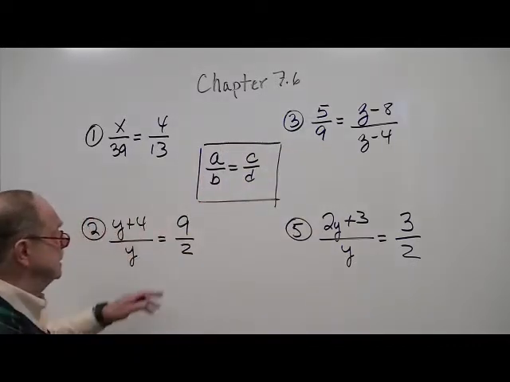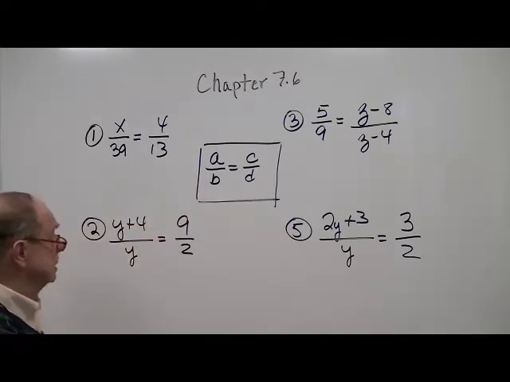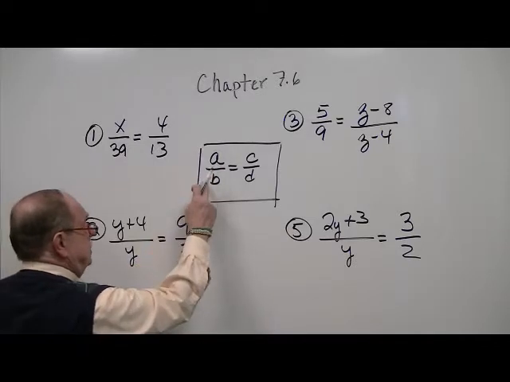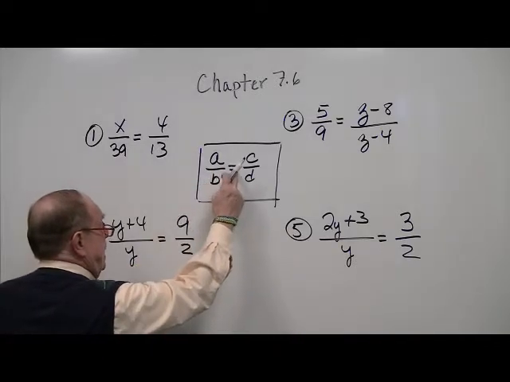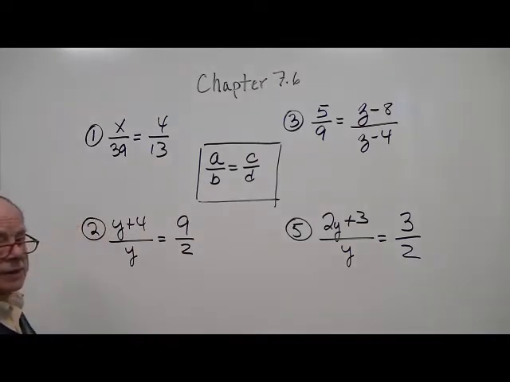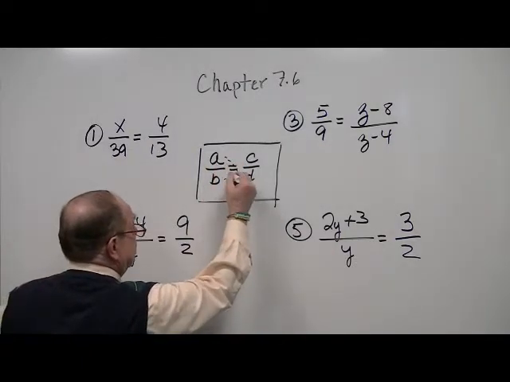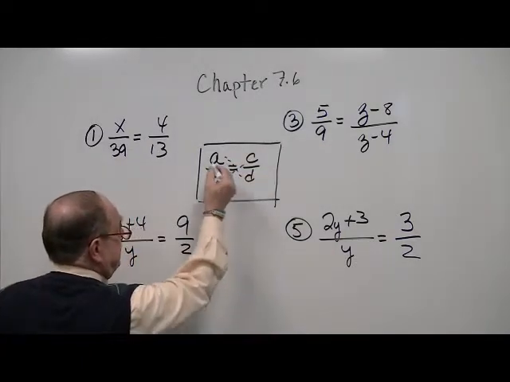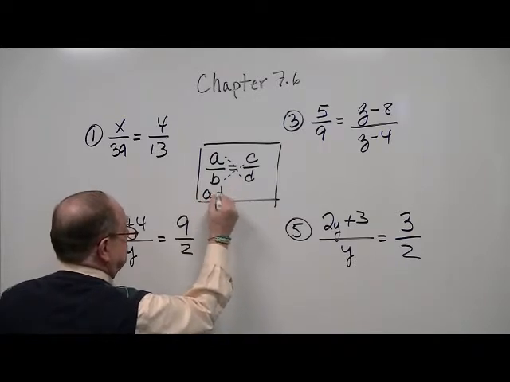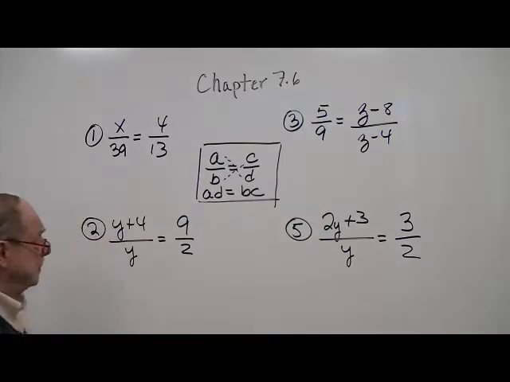And this is the general setup for a proportion, that A is to B as C is to D. And one of the things they tell us about a proportion is that we can cross multiply and get AD equals BC.